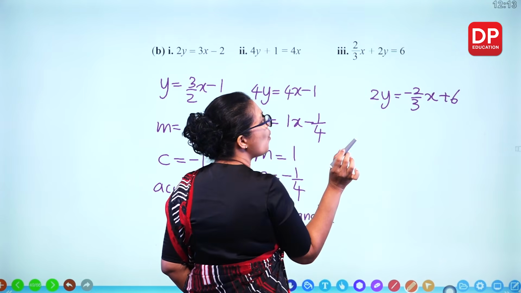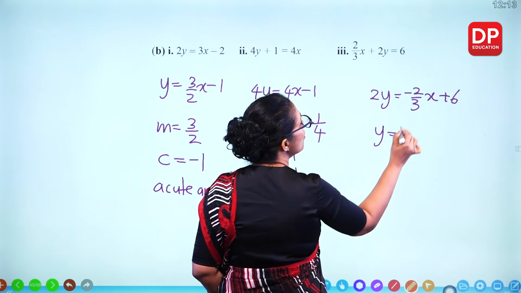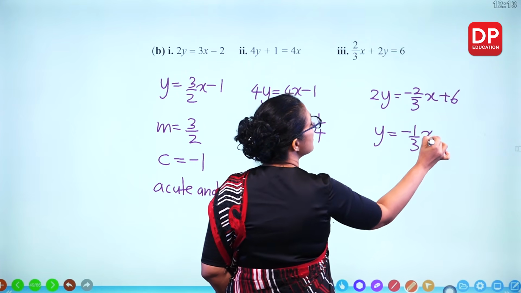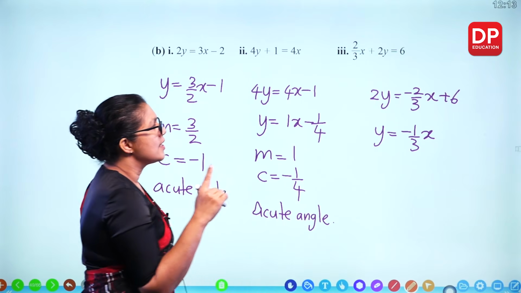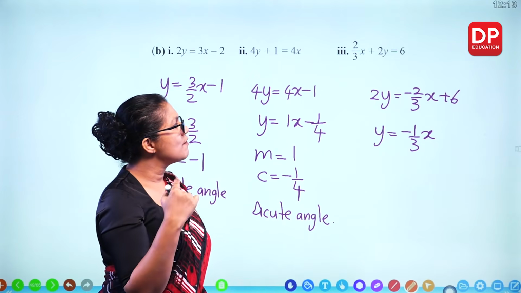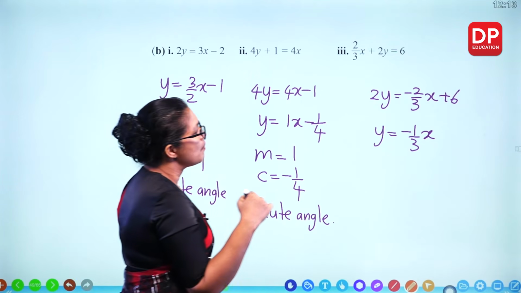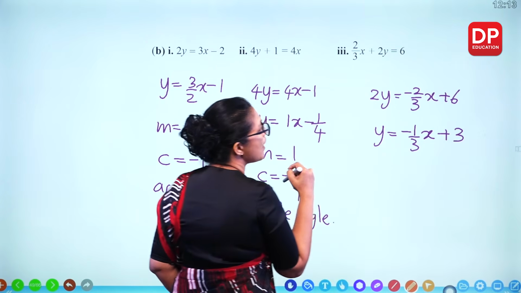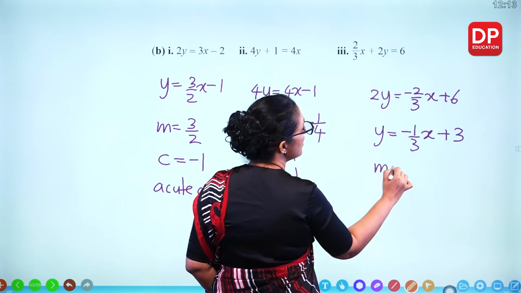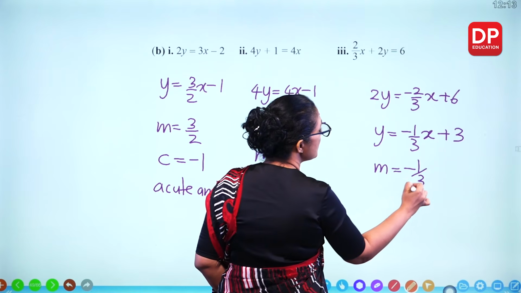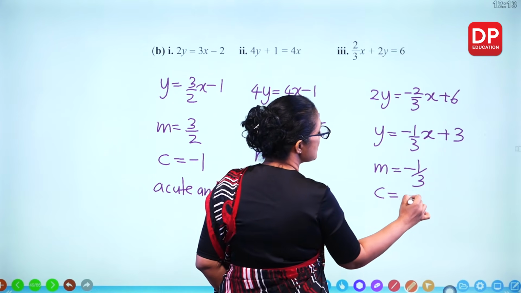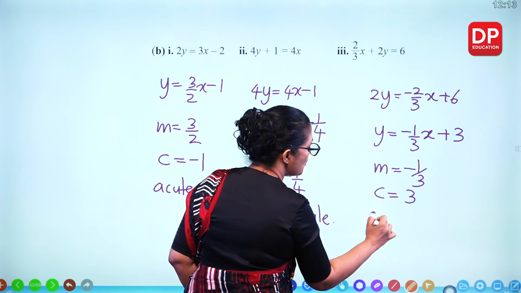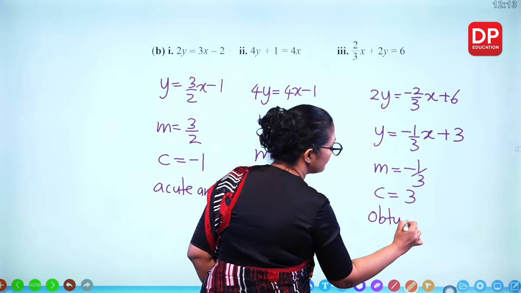Divide the whole equation by 2. When you divide, these 2 get cancelled out and you get -1/3 x. 2 over 3 divide by 2. You get -1 over 3. 6 divided by 2 plus 3. So what's slope? -1 over 3. What's the intercept? 3. Negative gradient, obtuse angle.